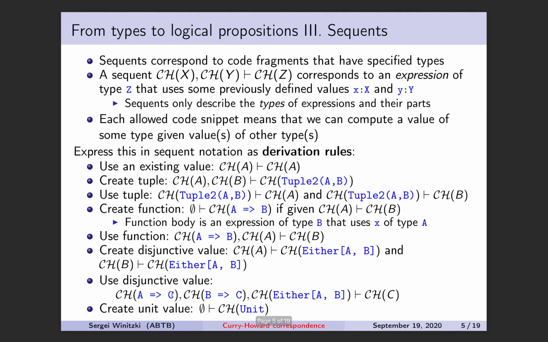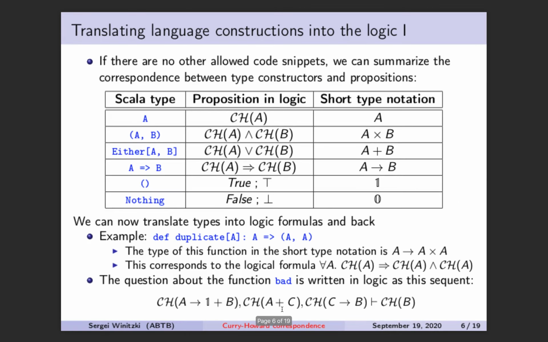So that's what is written as this sequent. Finally, the unit value can be created from no initial data. So then we have the empty set as premises, and we can have a value of type unit. So these are all the possible sequents, derivation rules, and axioms that we're allowed to use in the reasoning.